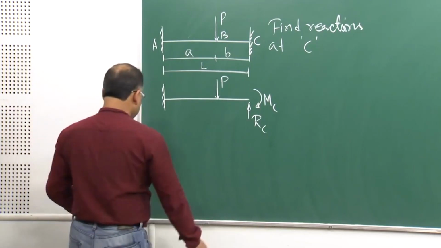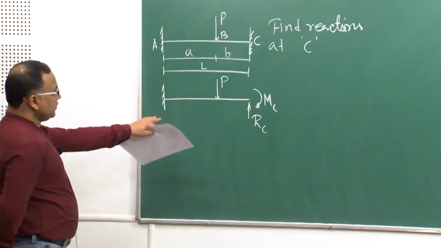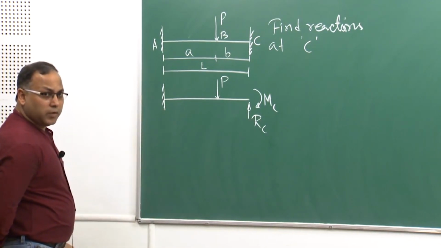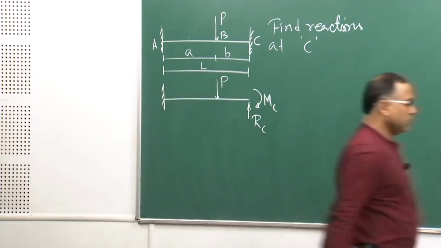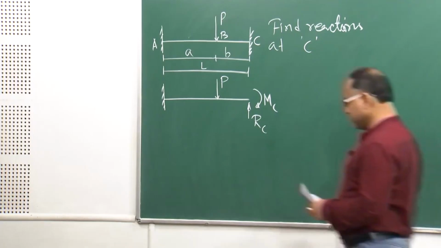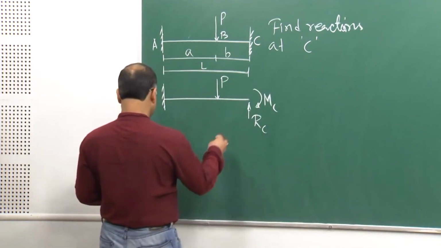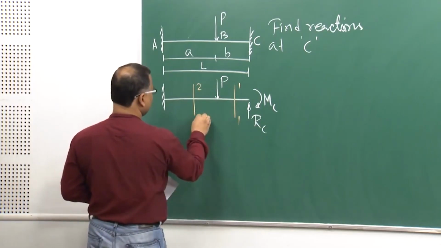Now this is very simple to solve by using Castigliano's theorem. So, we are considering two sections to define the whole problem. One section is here, this is section 1 say, and this is section 2.